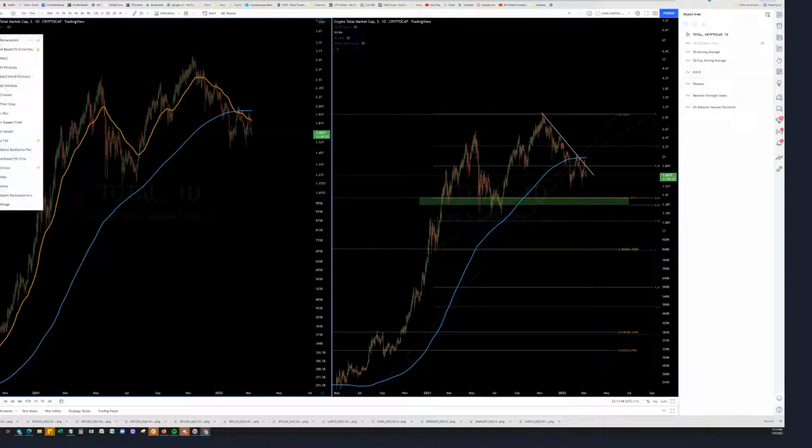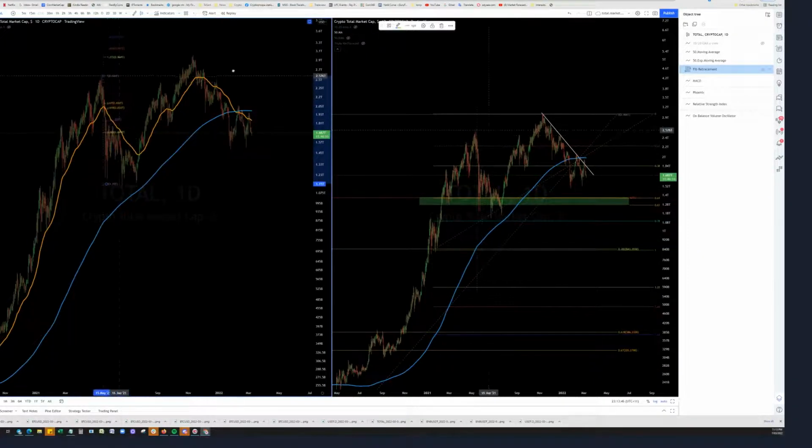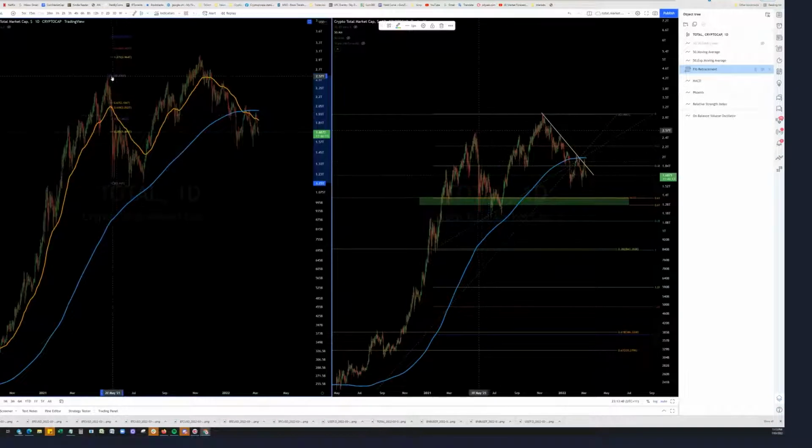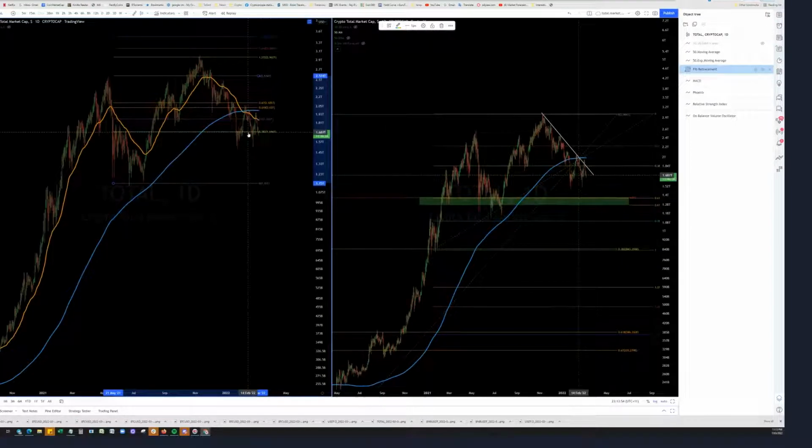What we had previously, if you look at the total market cap from the bottom to the top, you can see we hit the 1.272 extension and then we got rejected. Very, very similar to Bitcoin actually, the same extension from the previous top. So it was pretty clear.